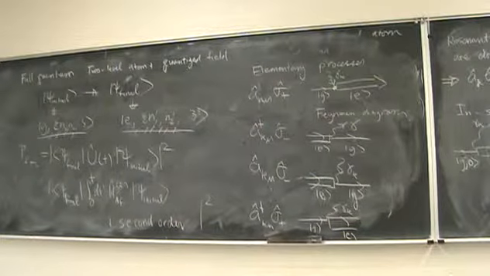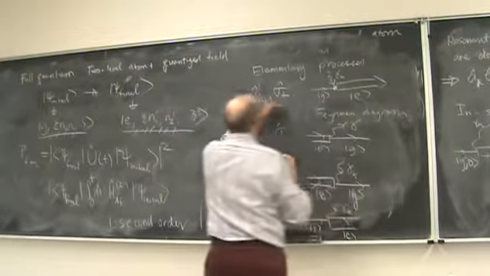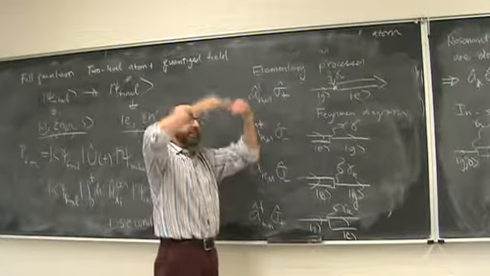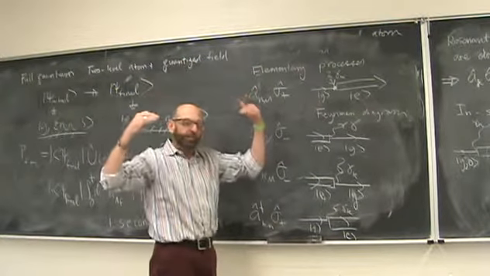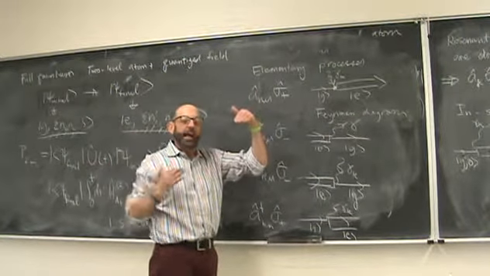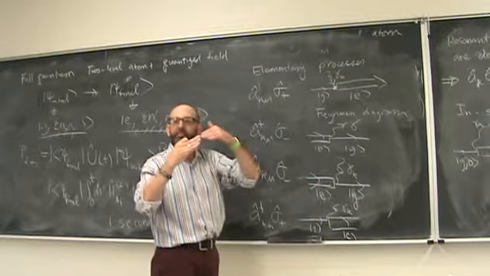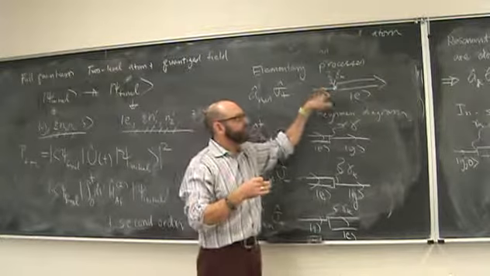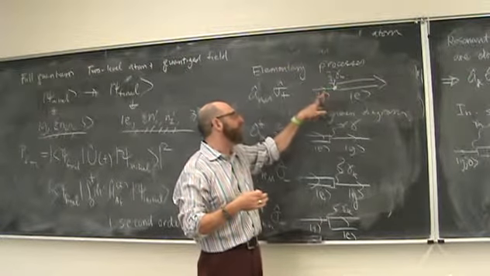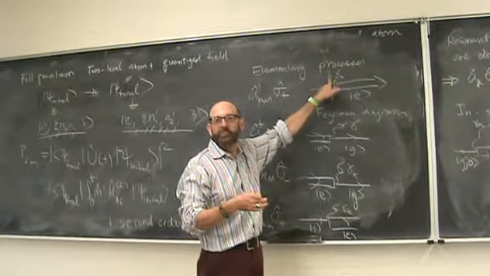And the elementary processes there don't correspond to absorption and emission between energy levels, but processes whereby electrons scatter with positrons and photons. You'll have this same kind of three-point vertex, but now you'll have electron, positron, and photon.